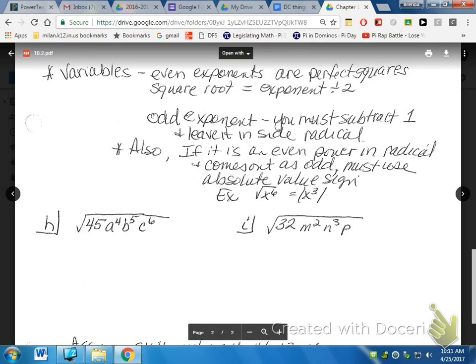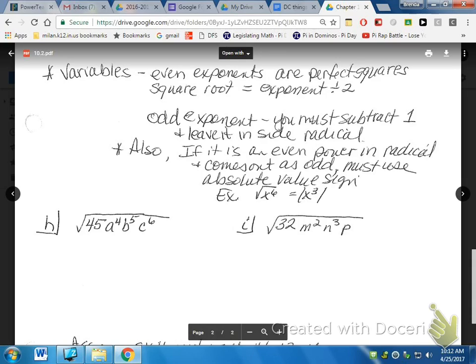Lesson 10-2 continued. We are now going to take these radicals and add variables to them. The general rule is that if it is an even exponent, it is automatically a perfect square, and the square root is the exponent value divided by 2.